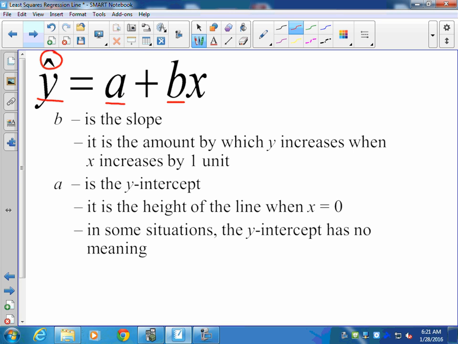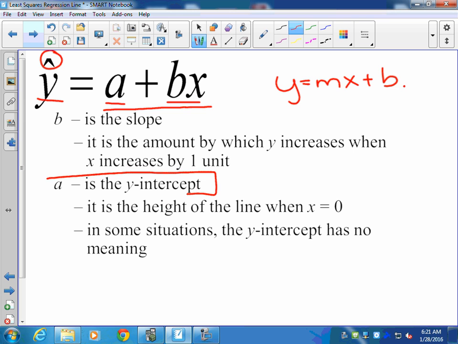You're probably used to seeing a line equation in y equals mx plus b form, which we can use, but in statistics we use a plus bx because it more closely models what we're looking at overall.